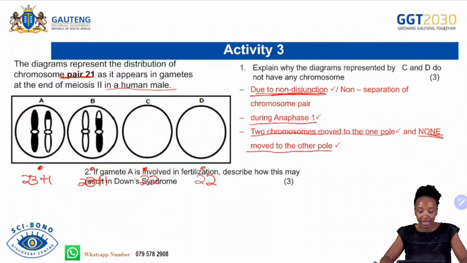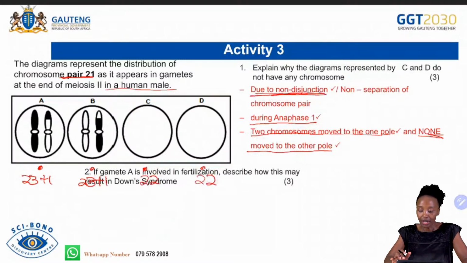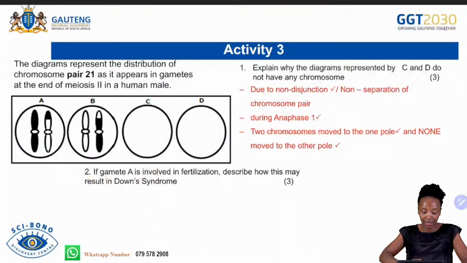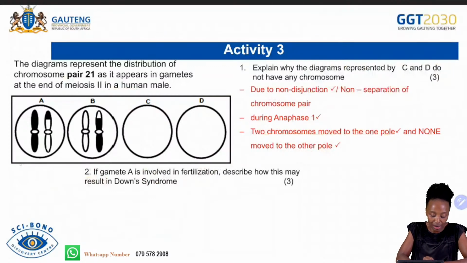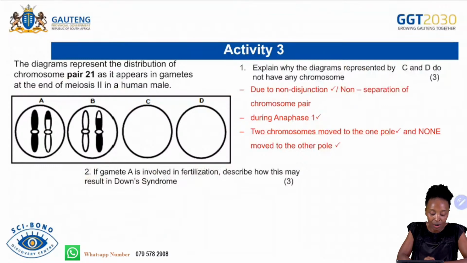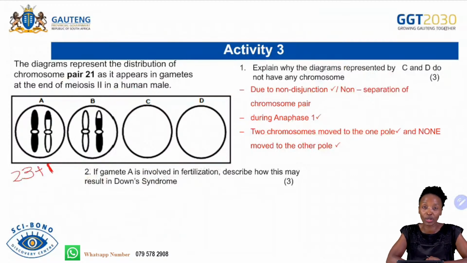Then the next question is, let me just remove this part. Okay, I've erased everything. The next question is, if gamete A is now involved in fertilization, so this is gamete A. Remember, we said gamete A, according to what we know, has 23 plus 1. So it has 24.